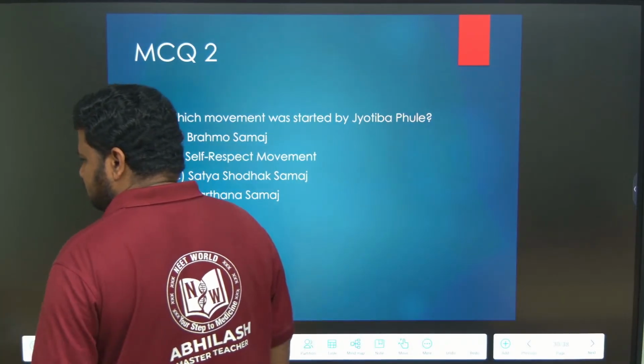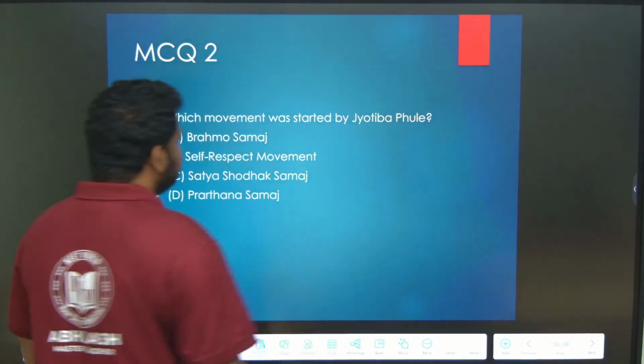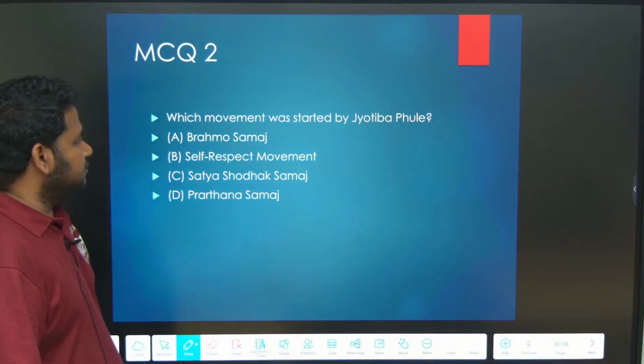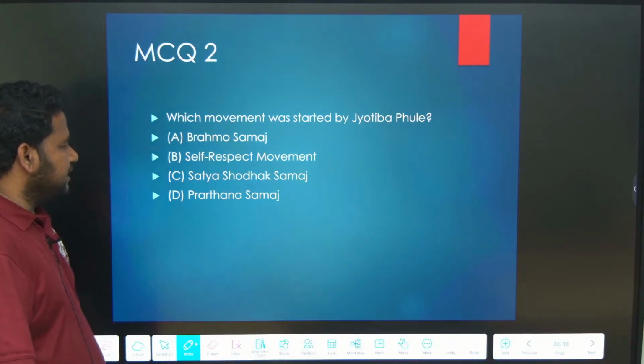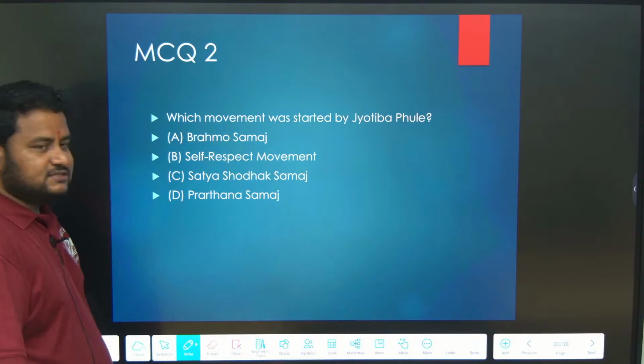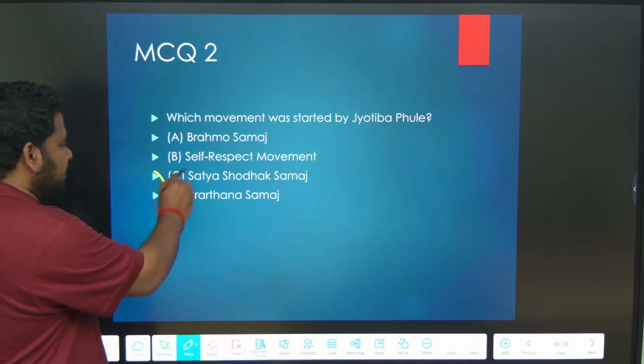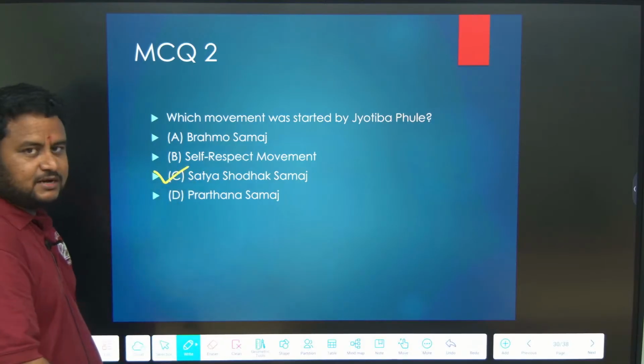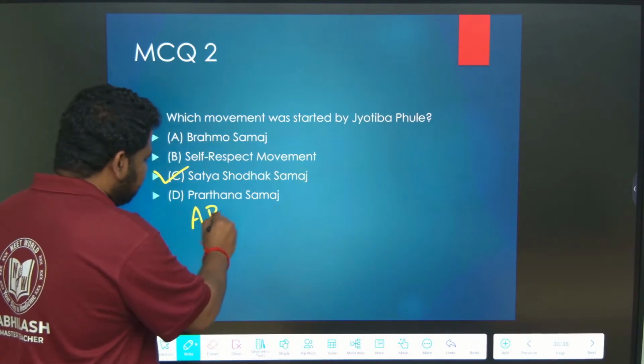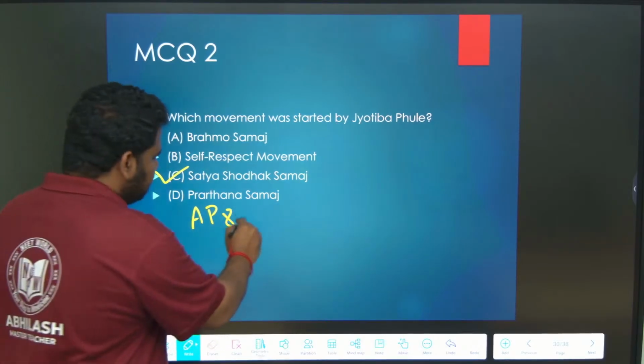Those who are watching, you can comment the answers. Which movement was started by Jyotiba Phule? It is Satya Shodhak Samaj. Prarthana Samaj was founded by Atmaram Panduranga with the help of M.G. Ranade, that is Mahadev Govind Ranade, not Mahatma. Prarthana Samaj was by Atmaram Panduranga.